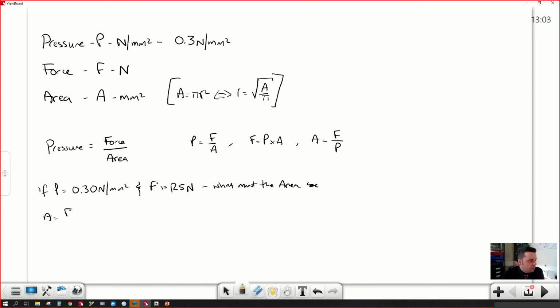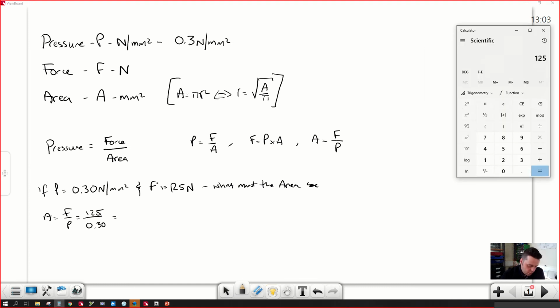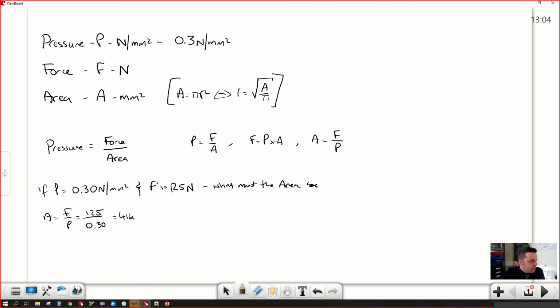Area equals force over pressure, 125 divided by 0.30. That gives 416.667 millimetre squared. Round it to the correct number of significant figures.